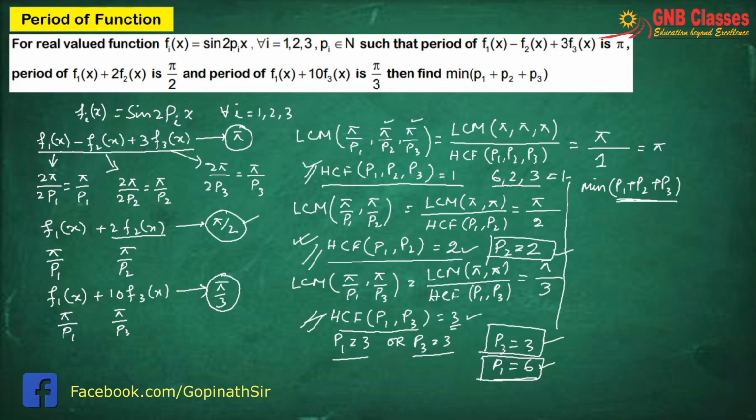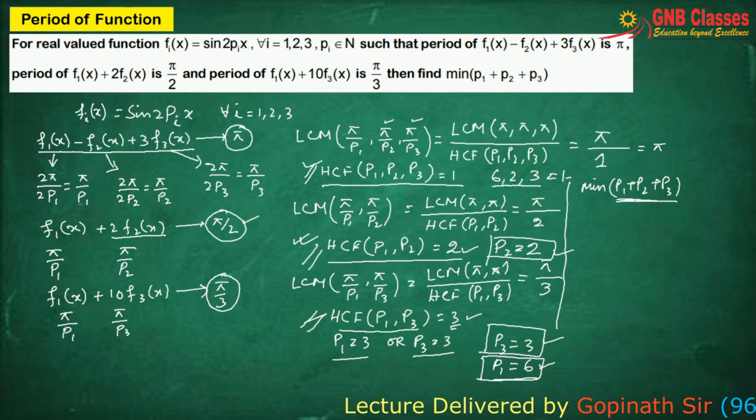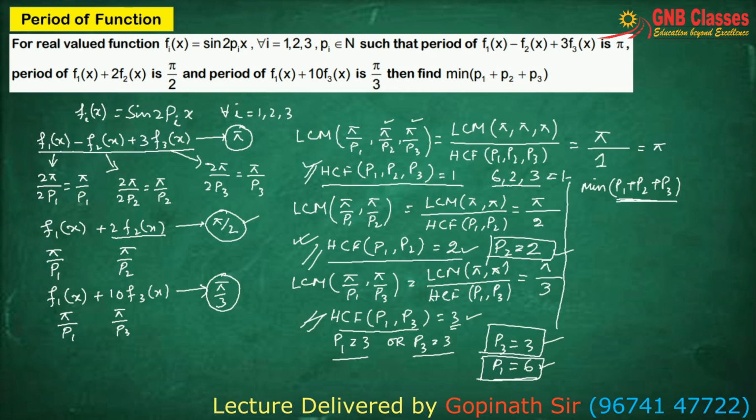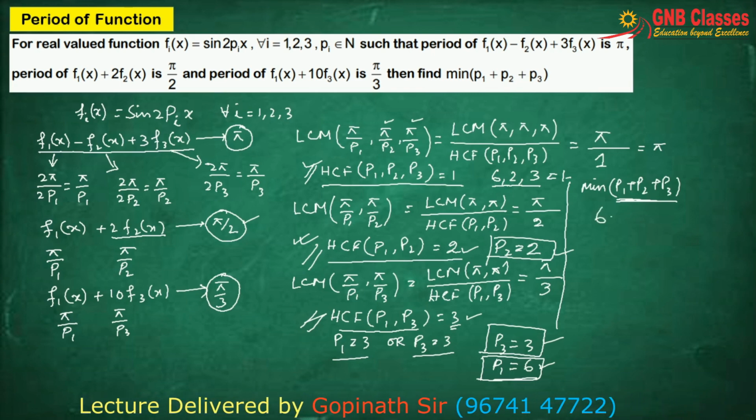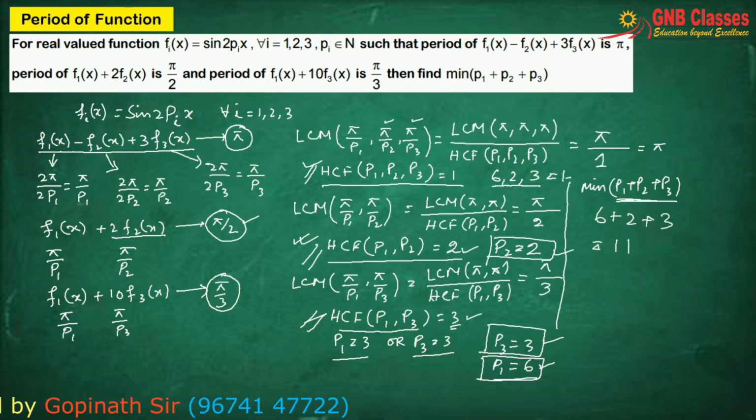Yes or no? Therefore, the minimum values of P1, P2, P3 are 6, 2 and 3 respectively. Therefore, the summation will be 6 plus 2 plus 3, which is nothing but 11. 11 is the minimum value of the summation of P1, P2 and P3.